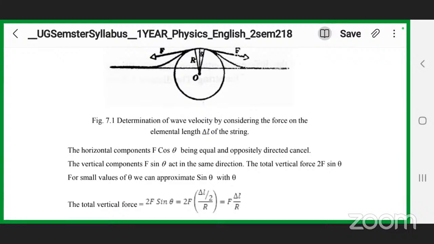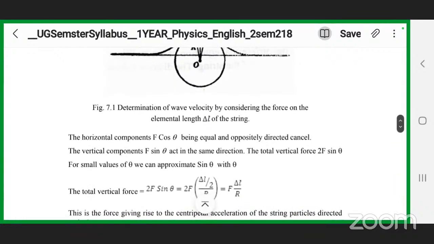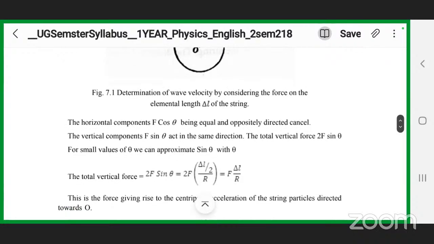The total vertical force is approximately 2F sin theta.